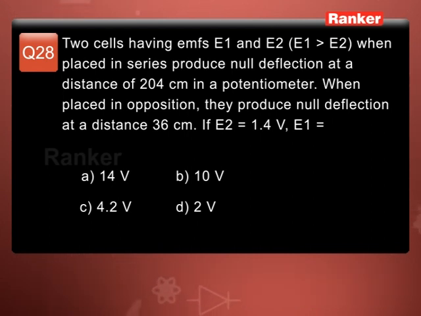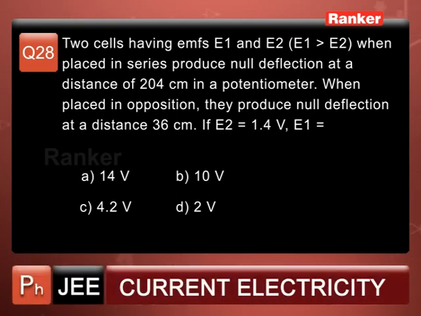When placed in opposition, very simply speaking, what is this wording? Opposition. When one is reversed in the direction, that means they are not in series now. One is reversed. That is the idea. They produce null deflection at a distance of 36 centimeter. If E2 is 1.4 volt, what is the value of E1?